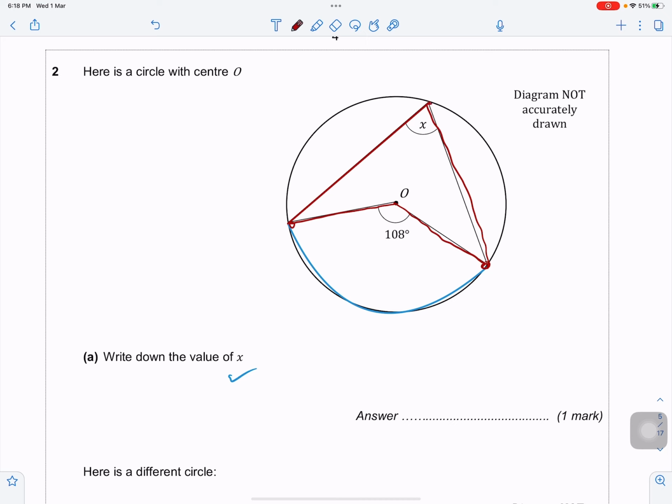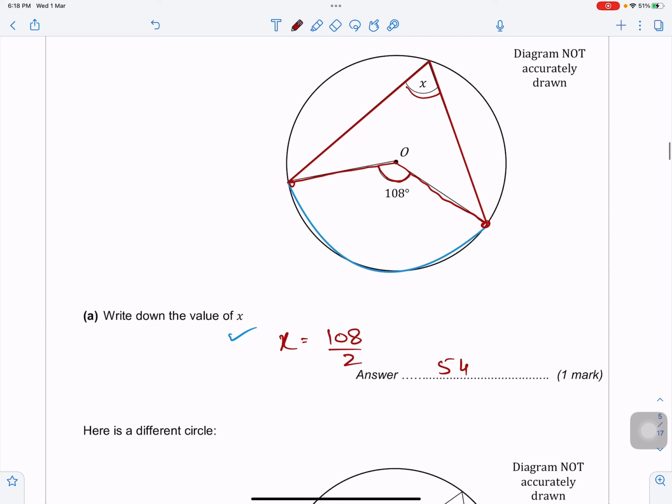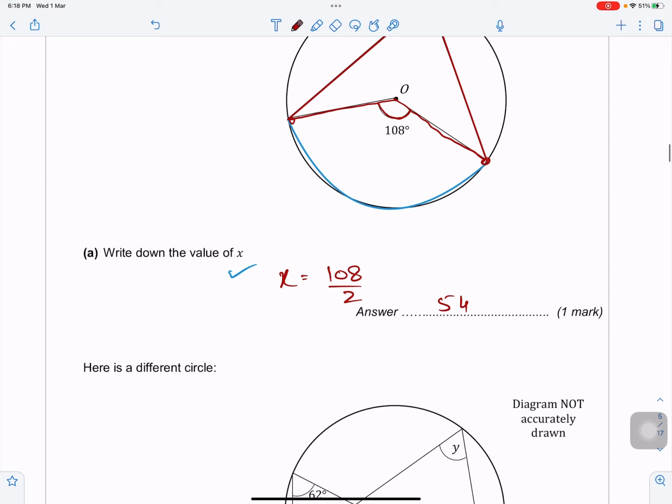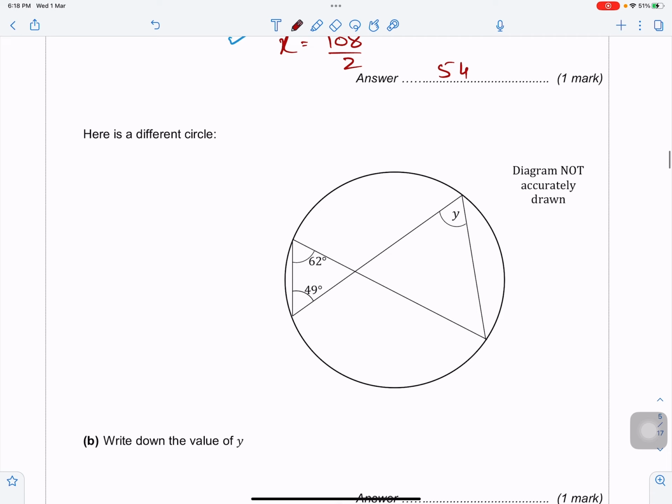So x equals half of the angle made at the center. So x equals 108 divided by 2, which is 54. If it asks for the reason, you will write: angle at the center is twice the angle at the circumference.